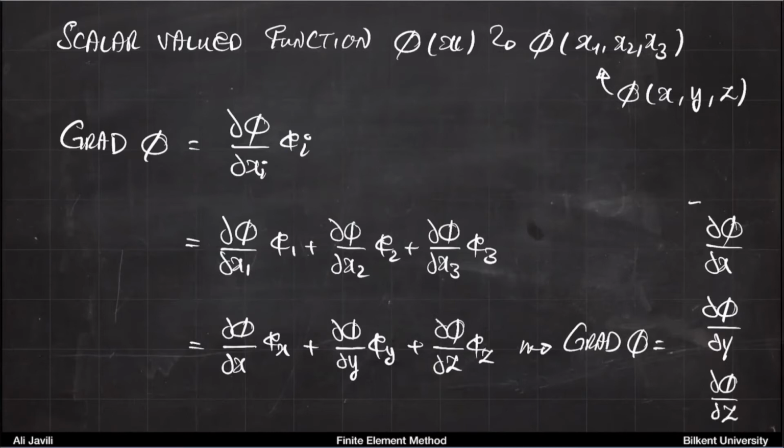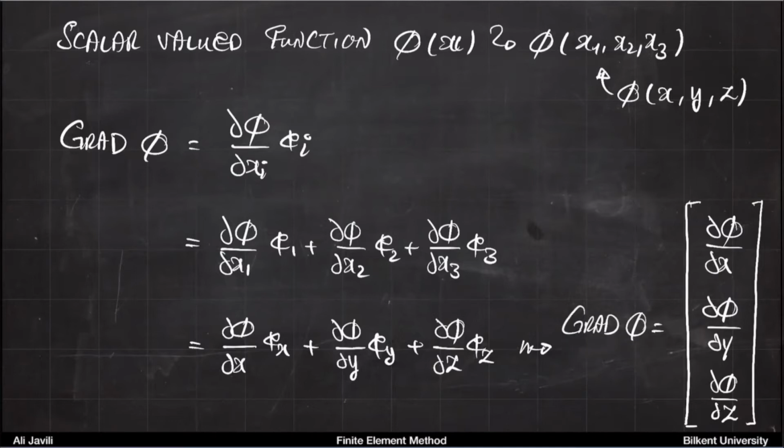Okay, so the gradient of a scalar value is a vector. That vector has three components, and it looks like this. Okay, so again, maybe possibly you have seen this before, or that is the way you used to do it anyway.